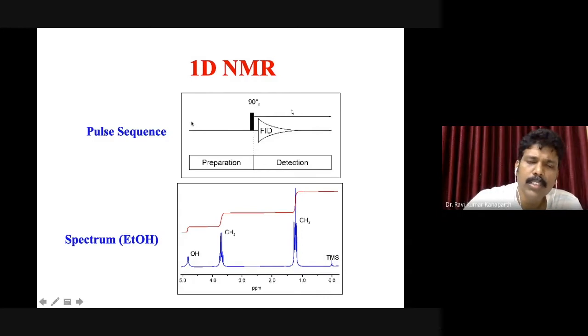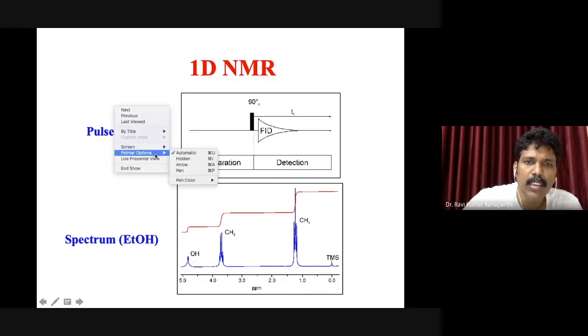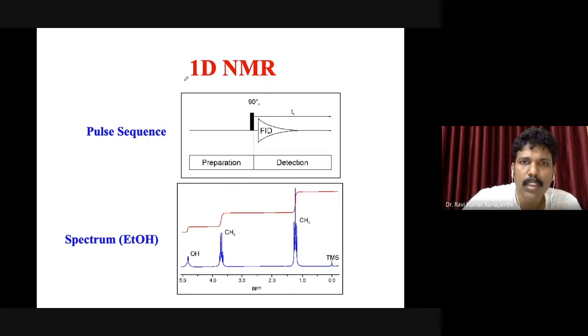Just to give you a flavor, we have already discussed the technique followed to record a one-dimensional NMR spectrum. In one-dimensional NMR spectroscopy, we prepare the molecule, apply a 90-degree pulse, and then detect it, as a result of which we get an NMR spectrum.